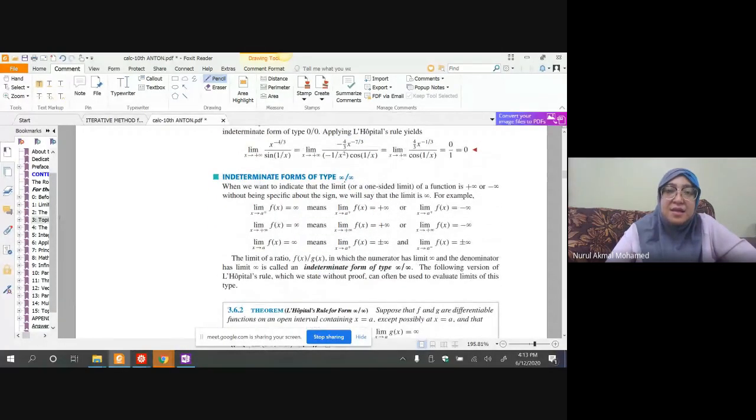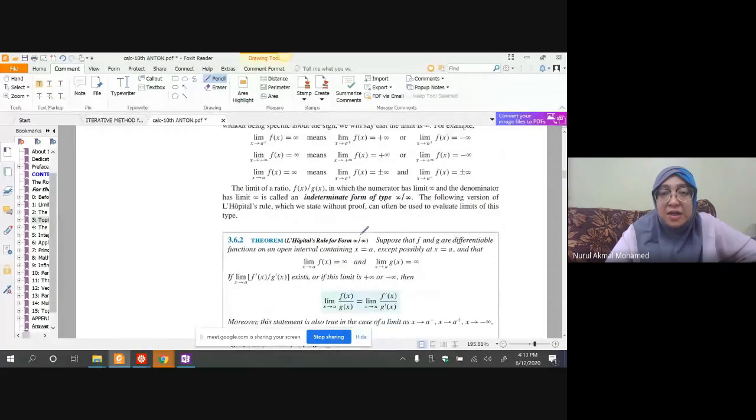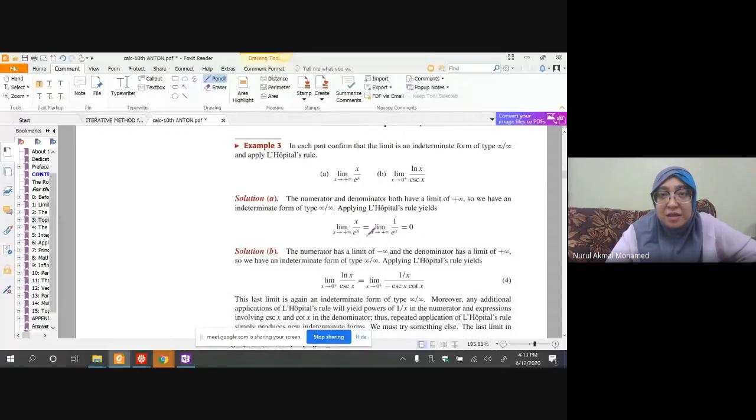And then let's look at the next type, which is infinity divided by infinity. Okay, before we have mostly 0 over 0, but now we are about to solve for infinity divided by infinity. Okay, let's look at example 3.